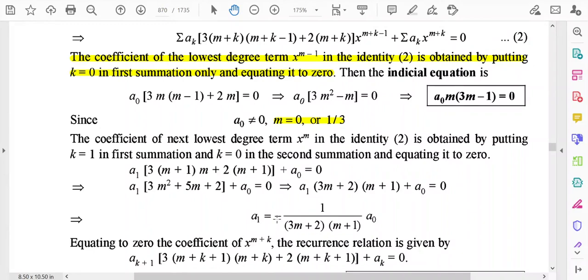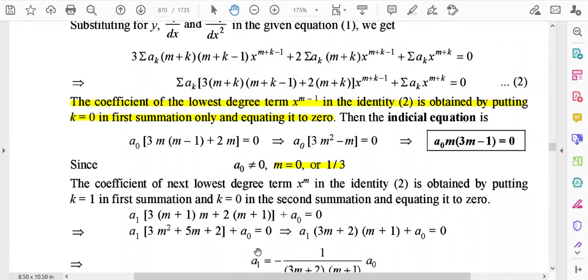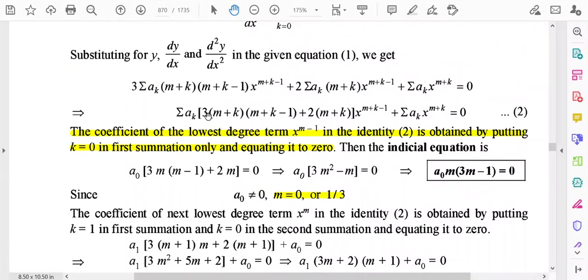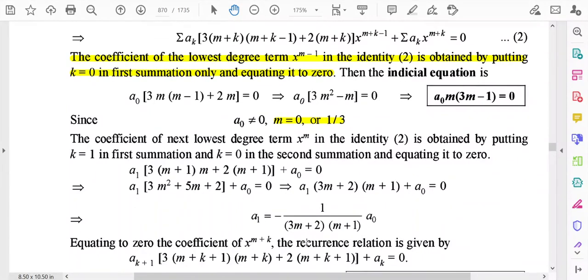Third step is to calculate the coefficient of x to the power m plus k, and we have to equate the coefficient of m plus k to 0. So this is the equation. So how to calculate the coefficient of x to the power m plus k?